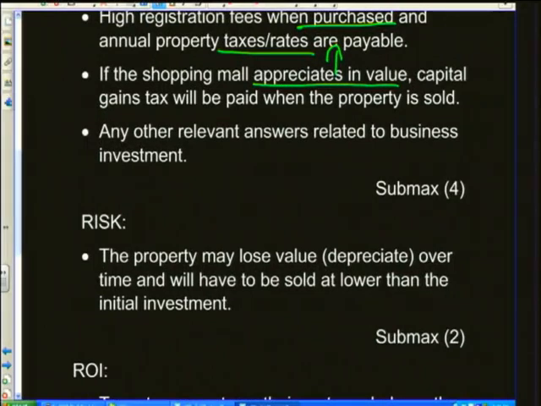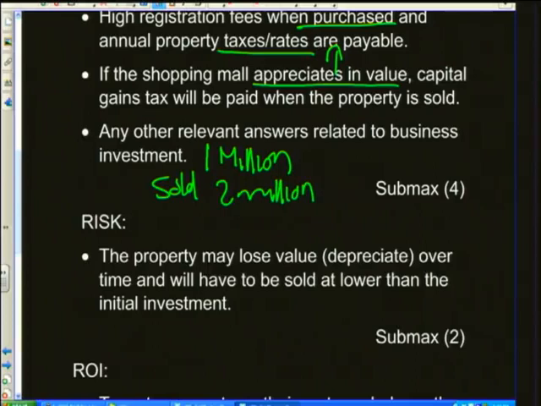So capital gains, that's if I bought a property for 1 million and I sold it for 2 million, the difference there is 1 million. So I'll pay tax on this 1 million Rand, and it's known as capital gains tax. I'm going to put there CGT so that you guys understand that.